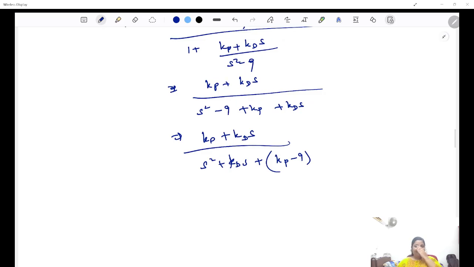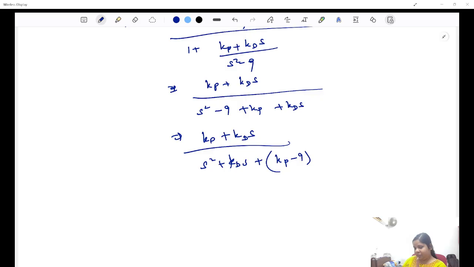Now from here, whatever the value of Kp and Kd, at least you can see that we have non-zero coefficients for all the terms, right? So this is one step into getting the system stable for a second order system.